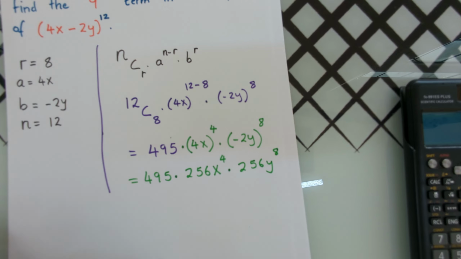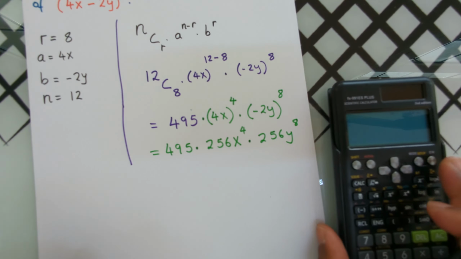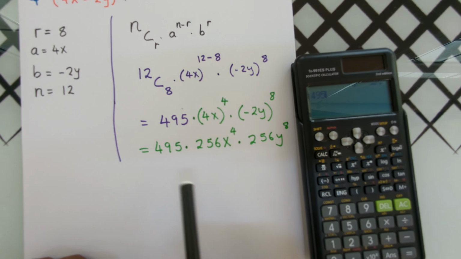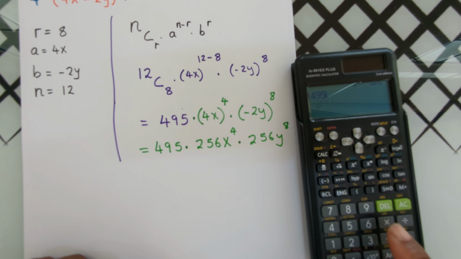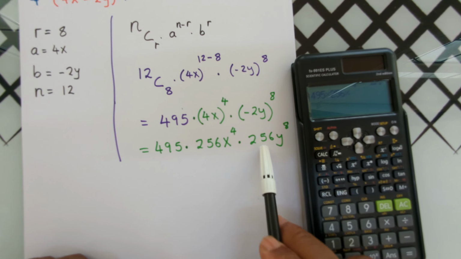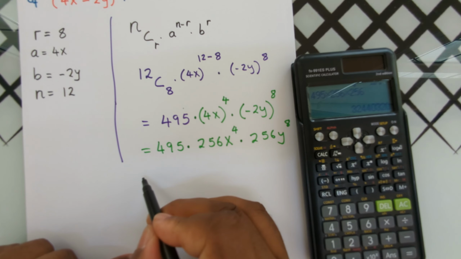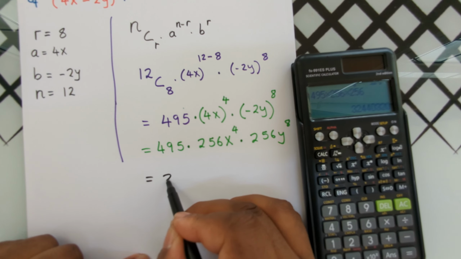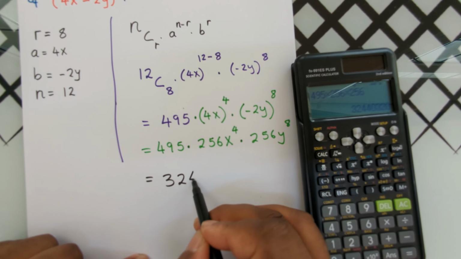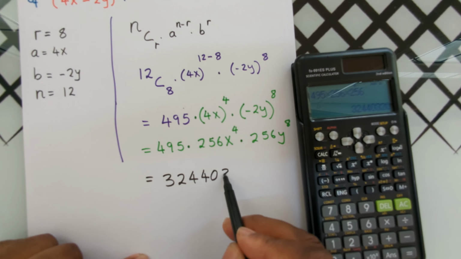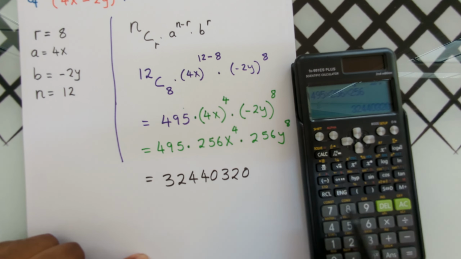Now let's write our simplified answer. Let's multiply 495 by 256 multiplied by another 256, which gives us 32,440,320.